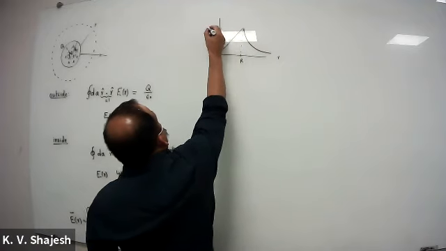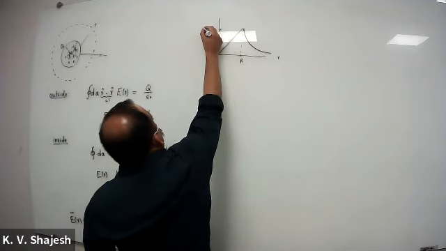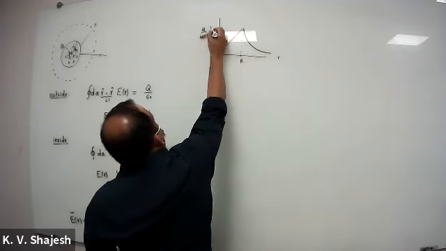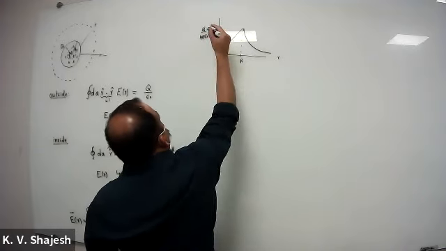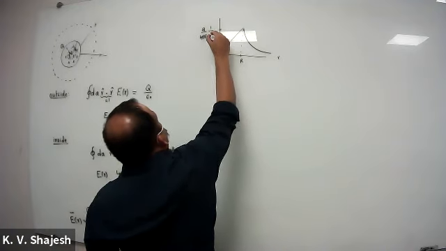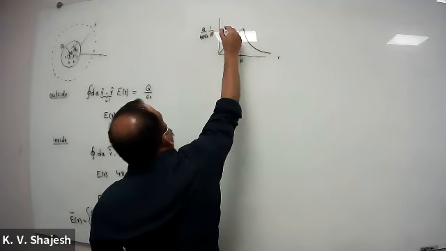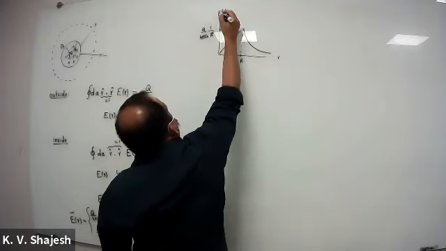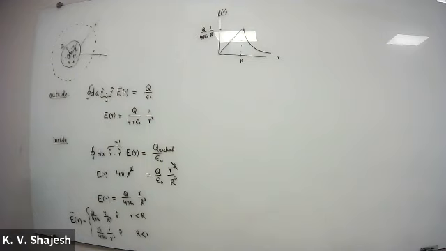And that is Q over 4 pi epsilon naught, 1 over R squared, exactly at that boundary. Okay.